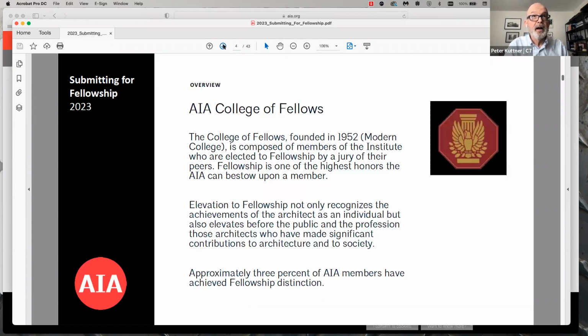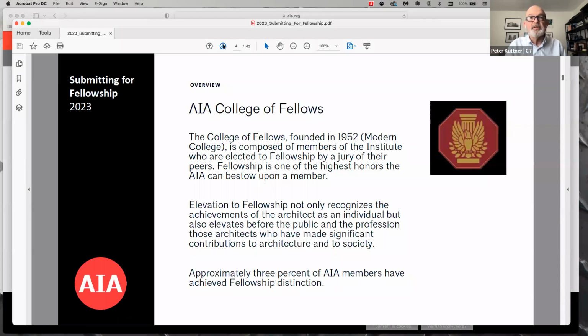So the overview: the College of Fellows is about 70 years old now, and they organized it to recognize people, I think selflessly, to thank people who really work hard and have a passion for things, but also to elevate the AIA on the public side by recognizing particular people who are doing particular things across as wide a range as possible, not just design or just practice.